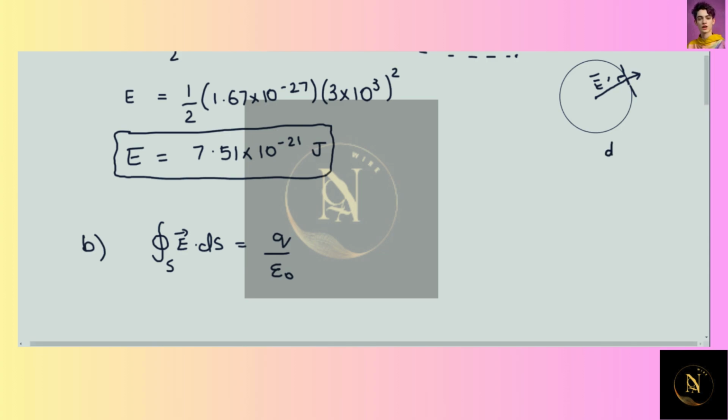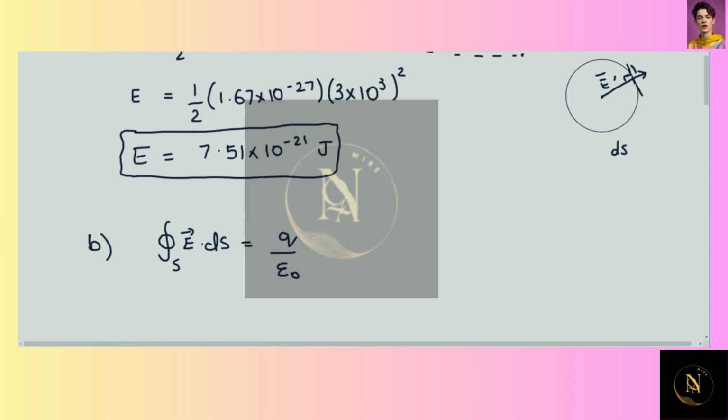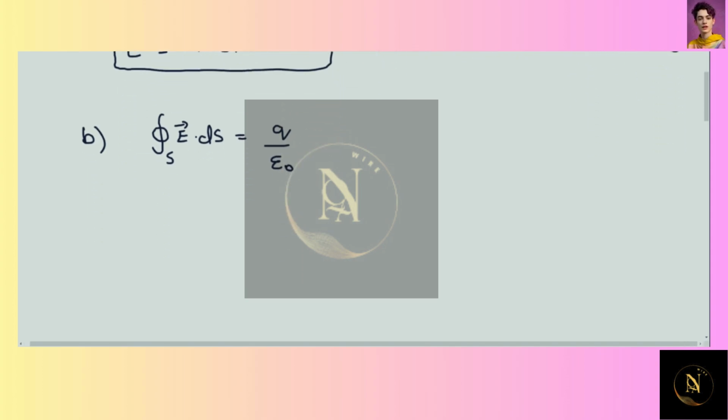So since the electric field and the surface vector ds are parallel to each other, so the surface vector is actually perpendicular to the surface itself, they're parallel.